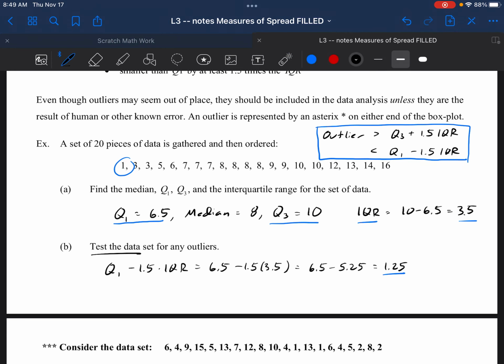All right. If we do the opposite, then we go higher than 1.5 IQR plus Q3. Well, let's find that value first. So 10 for the high, right? That's our Q3. 1.5 times 3.5 is 5.25, and we're adding that now.